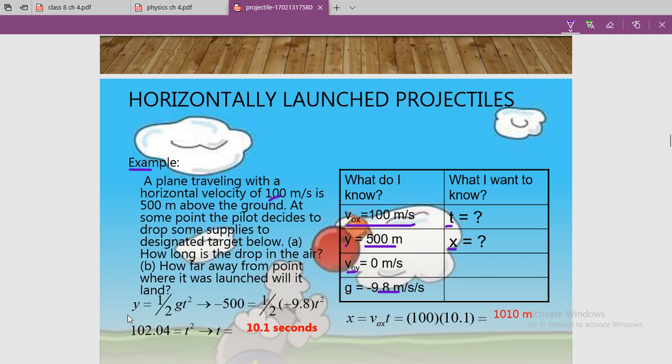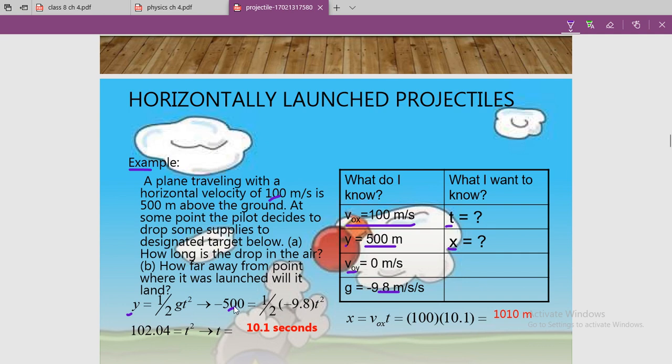So for y you can write half g t squared, since the initial velocity is 0. So y is equal to half g t squared, where y is 500. If you take y as positive you can take 9.8 as positive, and if you take it as negative this should also be negative. So it depends on the practice.